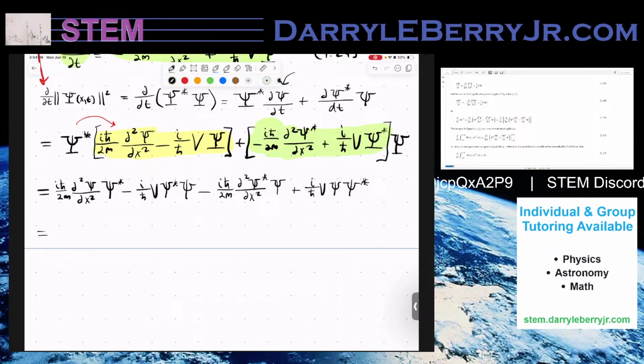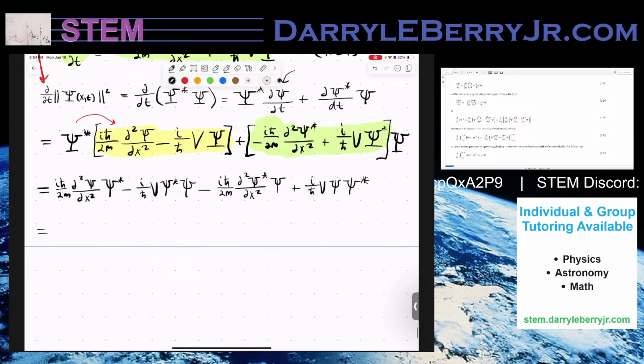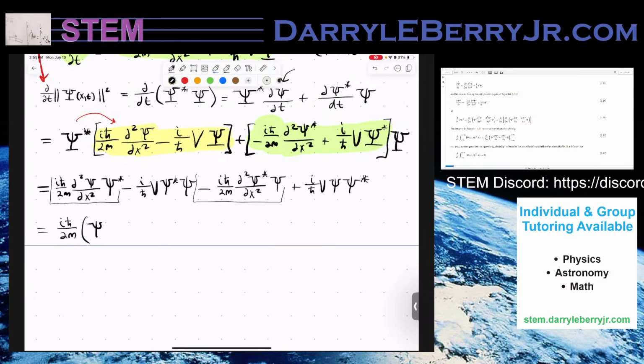so making it like the book has, I can start with pulling out the h bar over 2m, parentheses, and these two things have the h bar over 2m right here. So that'll be h bar over 2m and, to put it in the same order as the book, psi complex conjugate first.